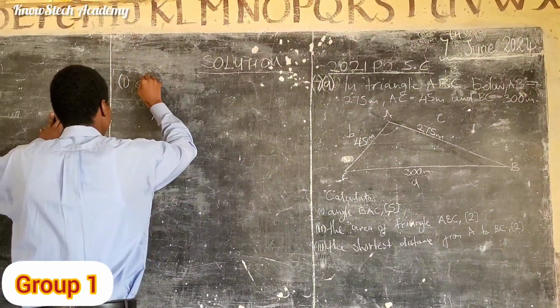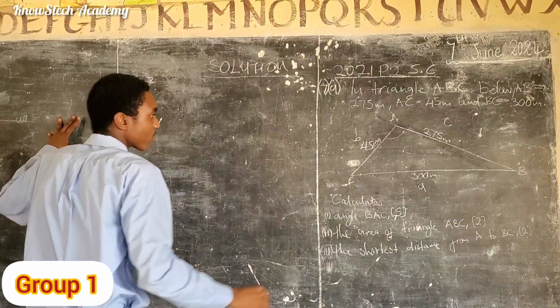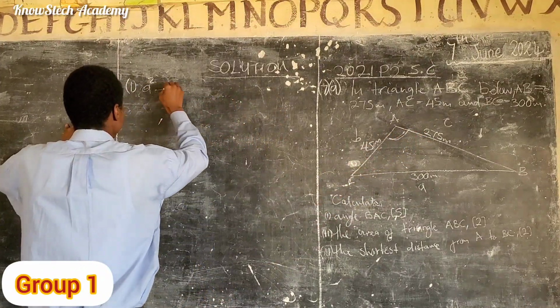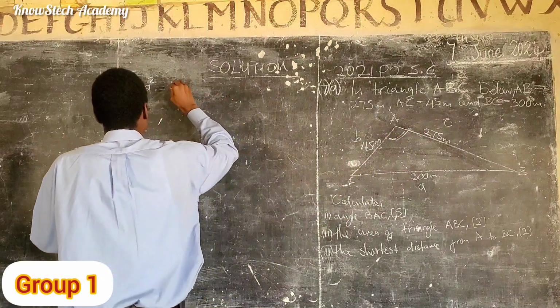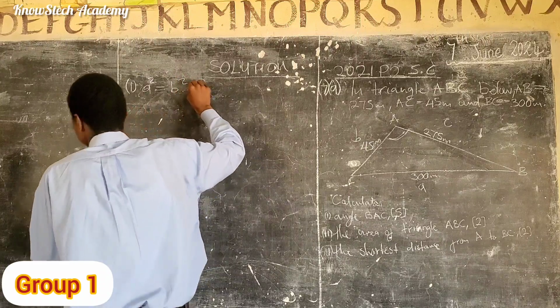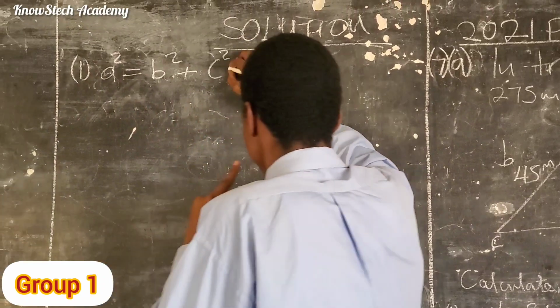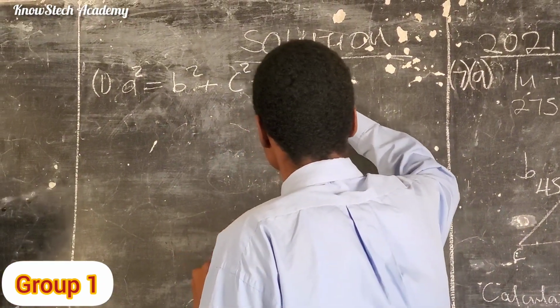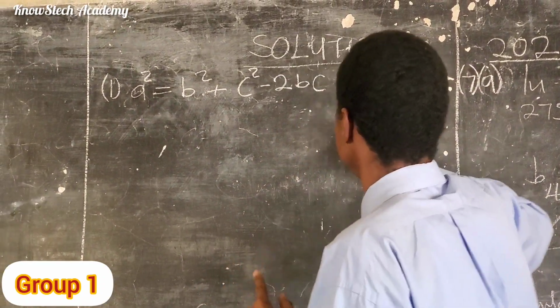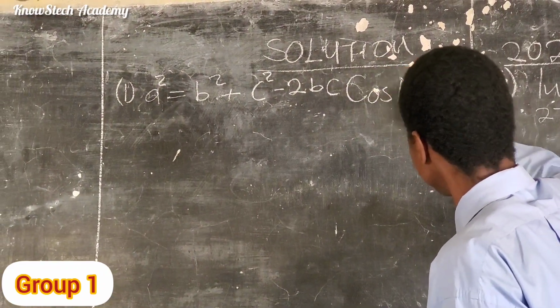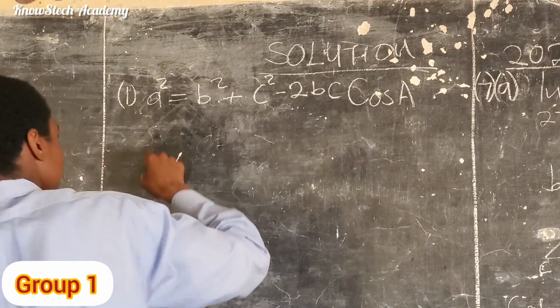We start with side A because we're looking for angle A, so a squared equals b squared plus c squared minus 2bc cos A. And this is where the catch is: you write cos A, capital A, not the small a.